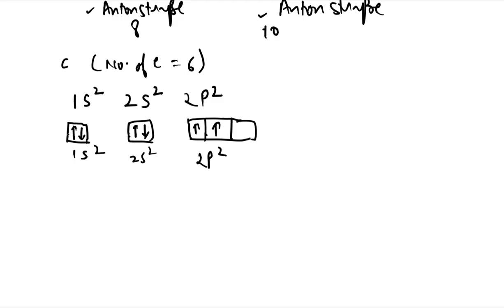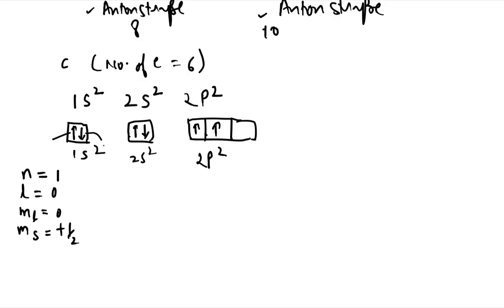If I talk about this particular electron, the principal quantum number is 1. What about the azimuthal quantum number? Since it is s, for s the azimuthal quantum number value is 0. For p it is 1, for d it is 2, if you can recall. And the magnetic quantum number is also 0, and the spin quantum number, since we have up spin, will be plus half.